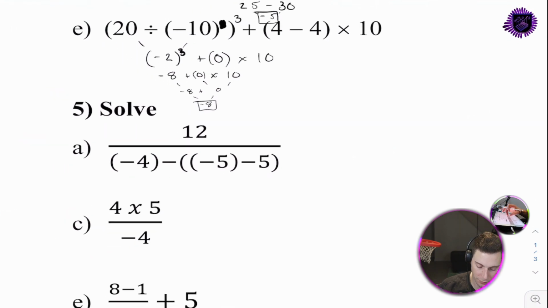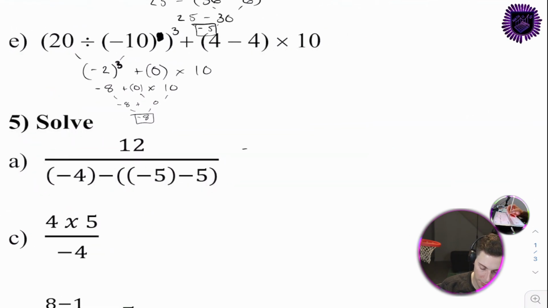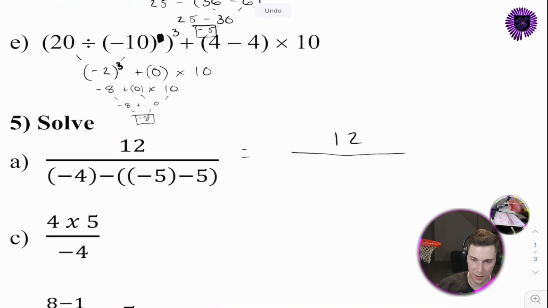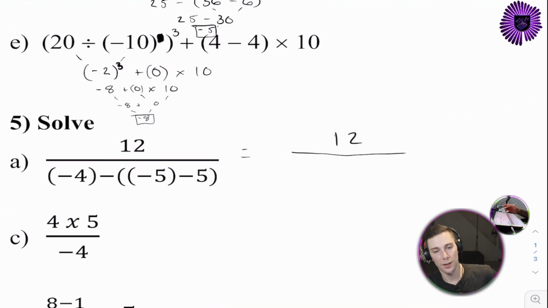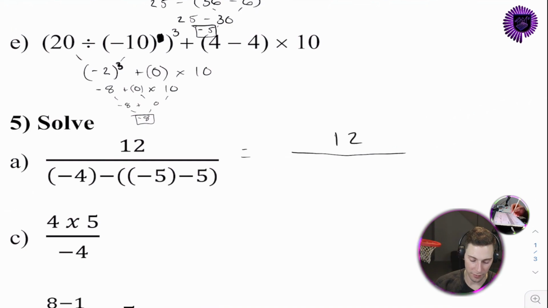I'm just going to write it out beside here. So it's going to be 12. And then underneath we have parentheses. So we got to just stick to the regular thing, but do the parentheses first. Negative 5 minus 5.